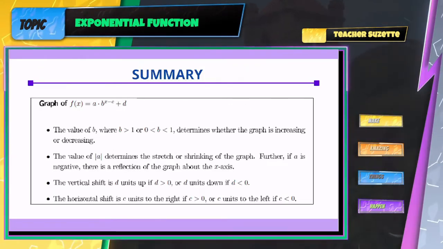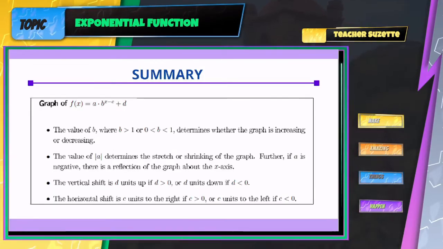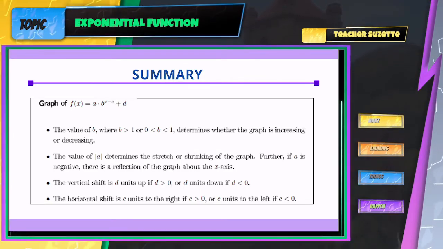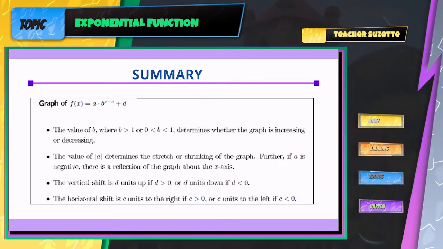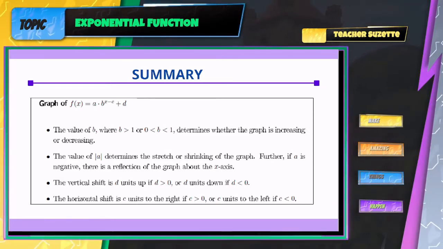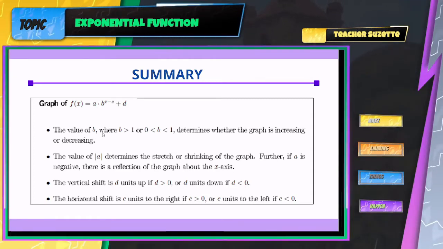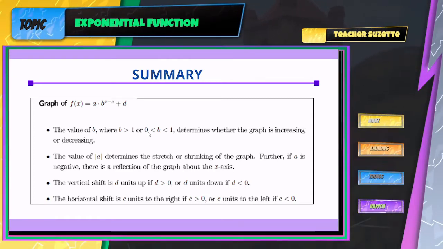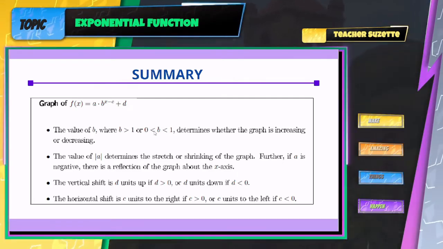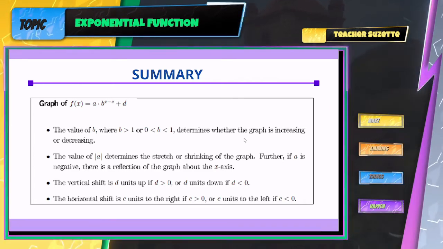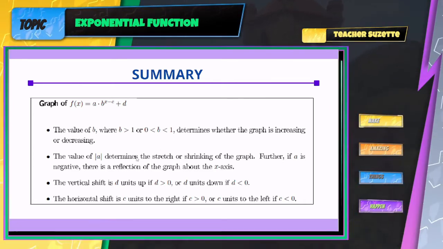Now, to sum it all up from our previous videos, the graph of f of x is equal to a times b raised to x minus c plus d. So here are the following summaries or conclusions that we can make. First, the value of b, where b is greater than 1 or b is greater than 0 but less than 1, determines whether the graph is increasing or decreasing.